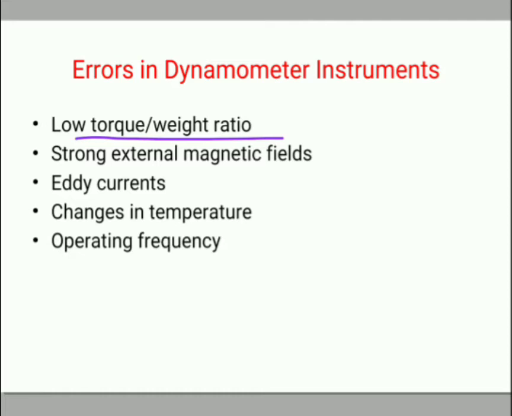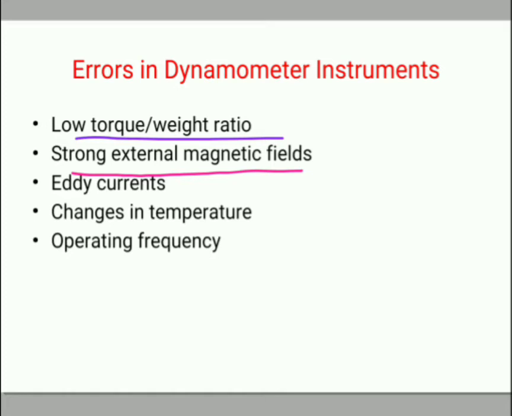Next point is strong external magnetic fields. We know that dynamometer instruments possess a weak magnetic field. Hence, such instruments must be protected from strong external fields, which may influence the instrument and induce errors in them.